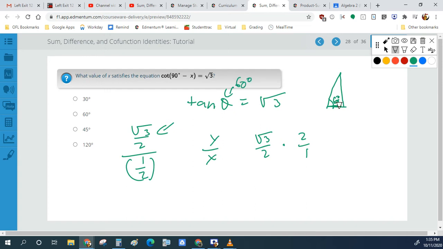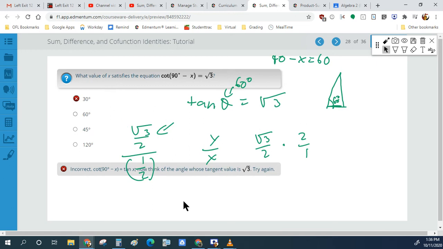Well, if theta is 60 and 90 minus x equals 60, then my x has to be 30. So instead of going x over y with the tangent and figuring all this out, I know 90 minus x is going to be 60, so I can just move it over from there. All right, so I'm going to say that my answer is 30.